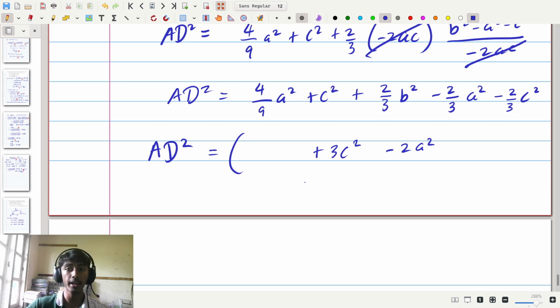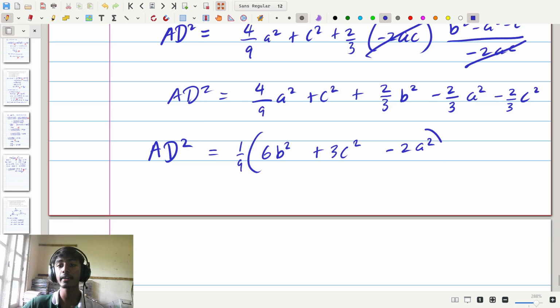For the b squareds we'll have 2 over 3b squared which turns into 6 over 9b squared. So then we get 6b squared times 1 over 9 on the outside. So as a final term we get 1 over 9 times 6b squared plus 3c squared minus 2a squared.